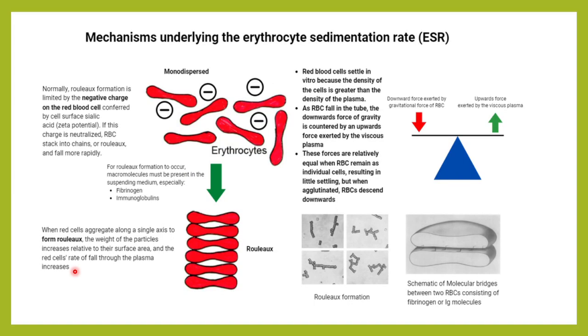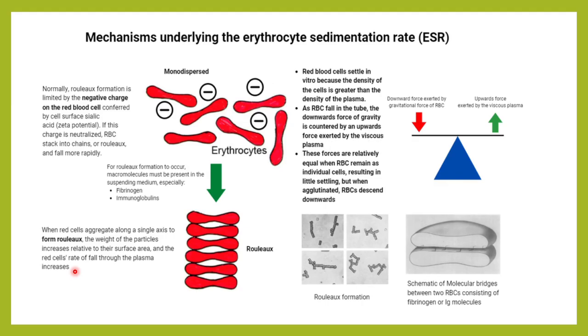So, you all know that the definition of ESR is the rate at which the erythrocyte settles down. Okay, and we usually take it for an hour because of the reason which I have already explained, that it happens in three stages: the stage of rouleaux formation, the actual stage of settling, and packing. The rouleaux formation takes around 10 minutes, the settling phase takes around 40, and the packing stage takes around 10 minutes.